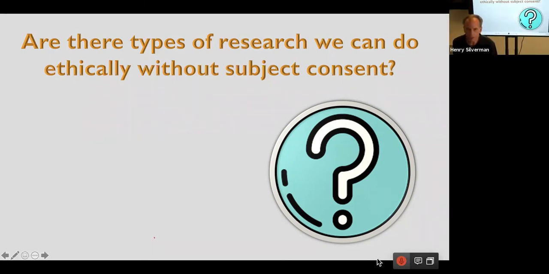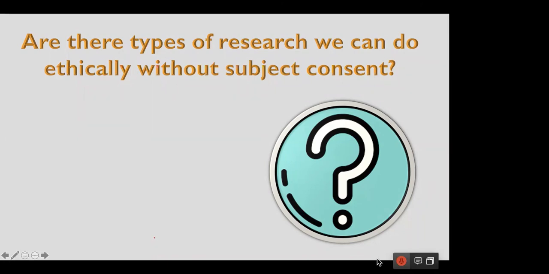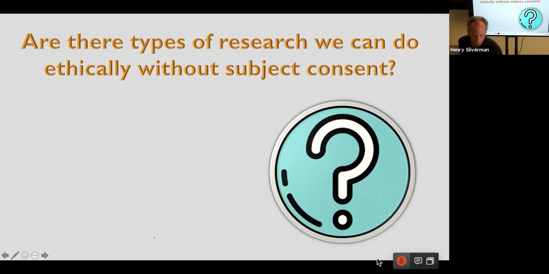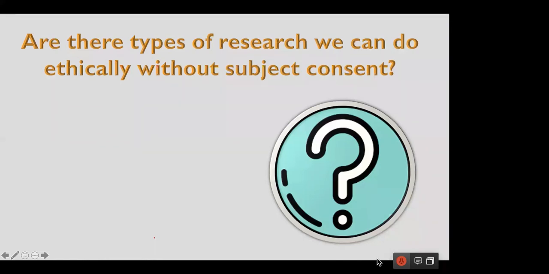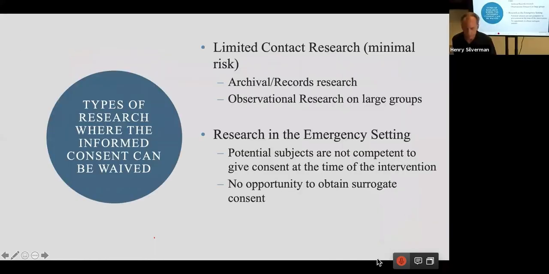What about non-emergency ones? The one I asked about, the medical records. Okay, the medical records. All right, good. So we need some criteria for that. We do have, when I say limited contact research, record research, observation research on large groups.